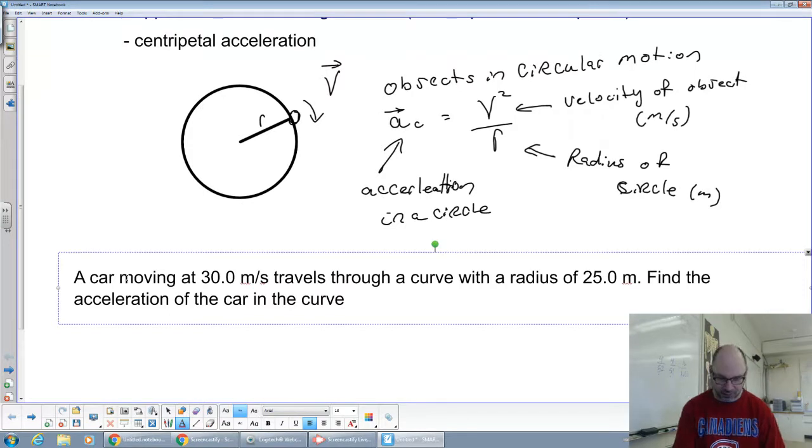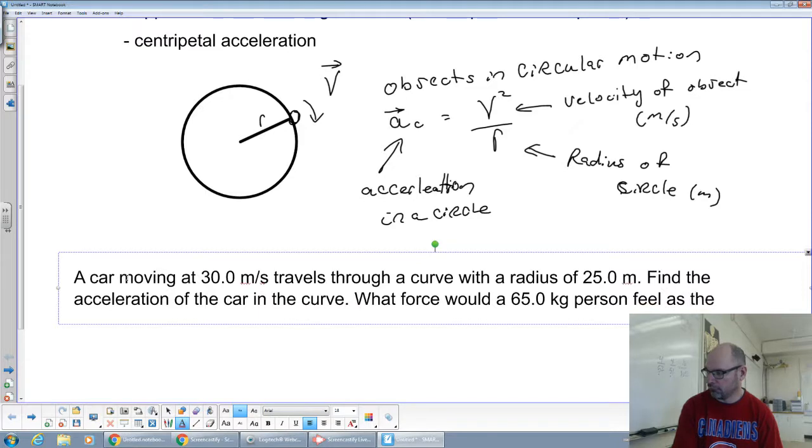And second, what force would a 65 kilogram person feel as they travel in the car around the curve?